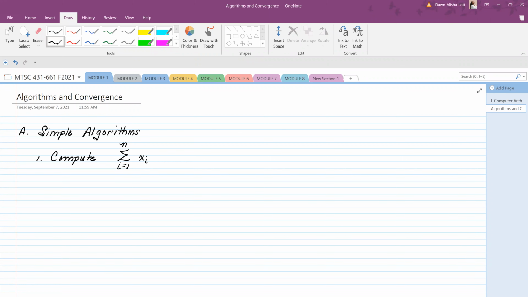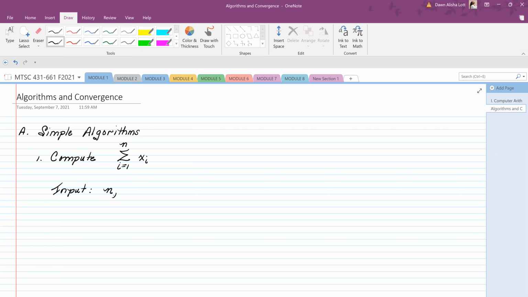And so we're going to assume that we either know these numbers or we're going to read them in. Okay. So the input for our algorithm, what must be known, we have to know n. And we're either going to store these numbers in an array.